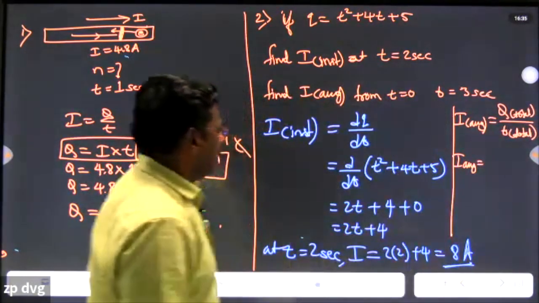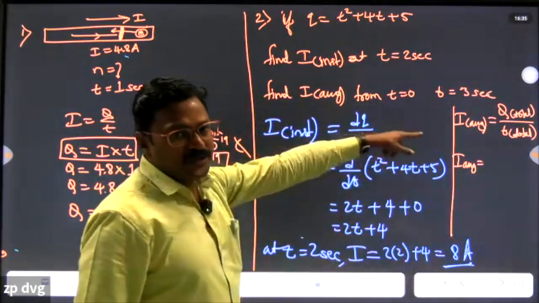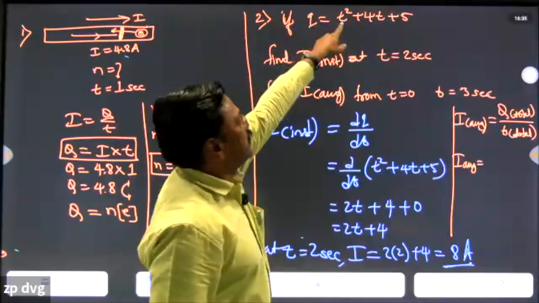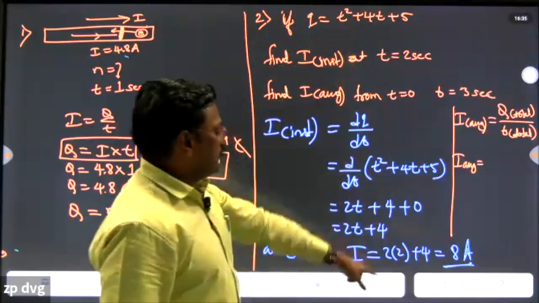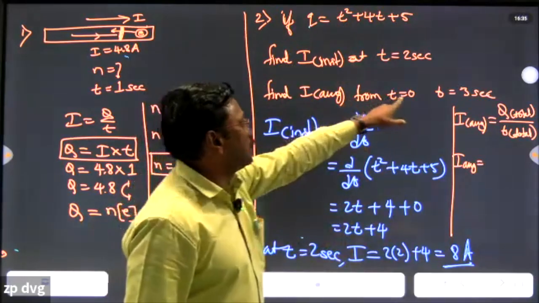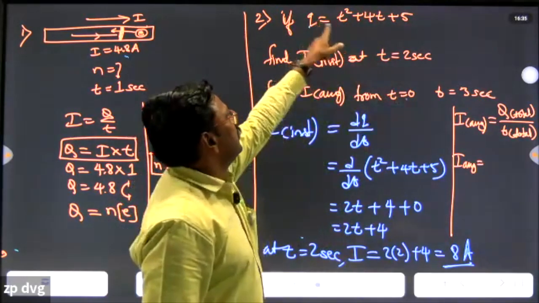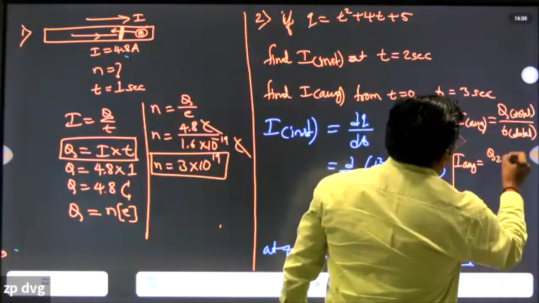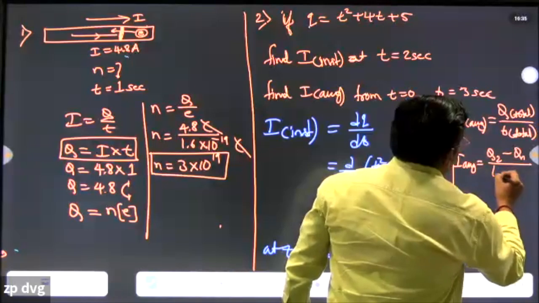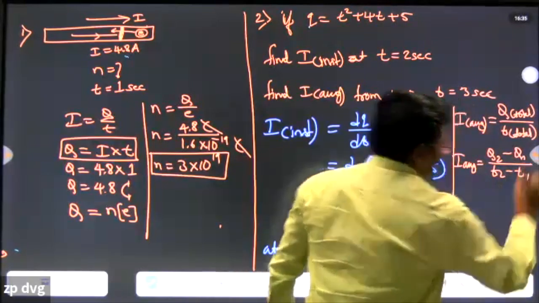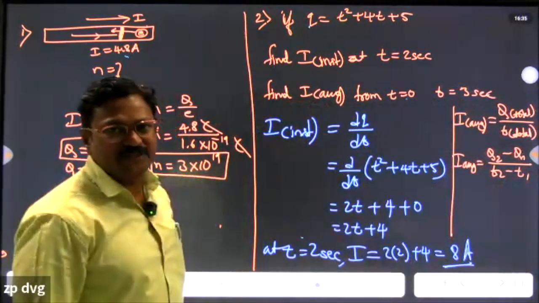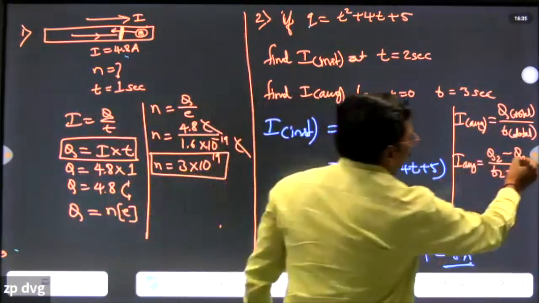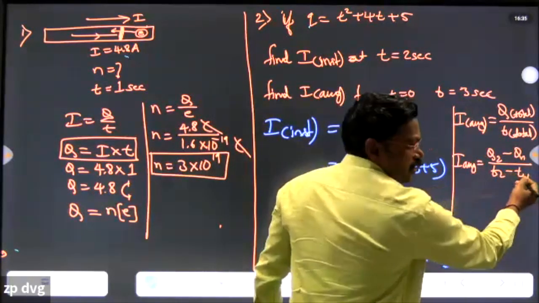To find the total charge, take the charge equation as a function of time, with the starting point t equal to 0. It is Q2 minus Q1 divided by T2 minus T1. Total charge will be Q2 minus Q1.